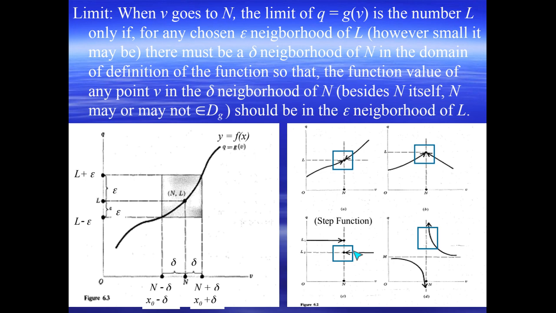Now let's see how the two further functions, the step function and the hyperbola function, don't have limits. The first two have limits, the second two don't have limits. Why? Let's see.